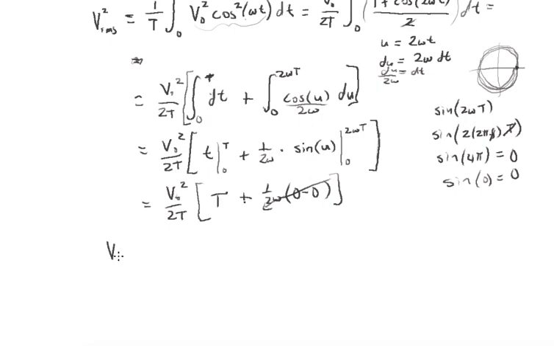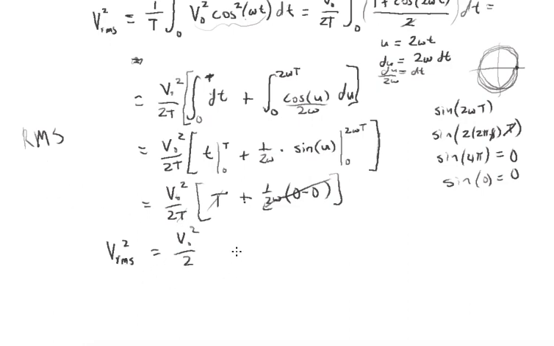We have the RMS squared is equal to, and now these t's will cancel, and we have V naught squared over 2. But these are both squared, and so now remember, it's the square root of the mean of the squared. So again, we squared everything. We took the mean of it. That was averaging it all out. That was all of this. I'm sorry, this is our average of the square, and now we have to take the square root of it.